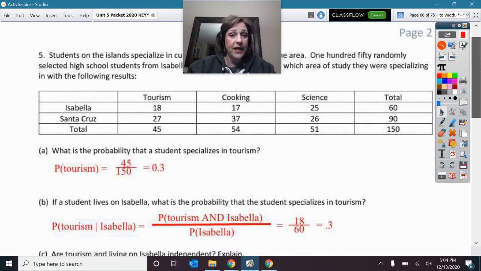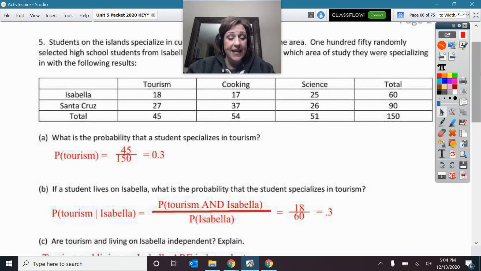All right, so now we have a two-way table of data, and we first are asked for some probabilities. So what is the probability that a student, so this is an overall student out of the 150, specializing in tourism, so 45 out of 150. But here we say if a student lives in Isabella, so that's a given that.